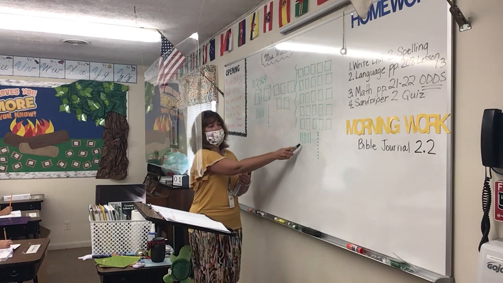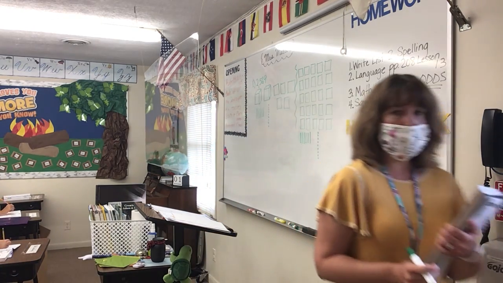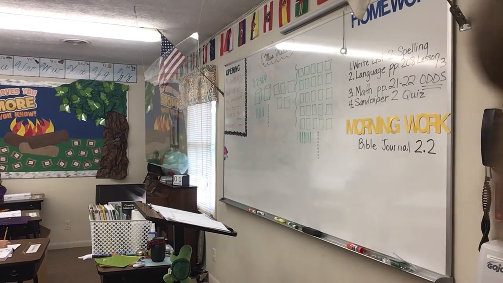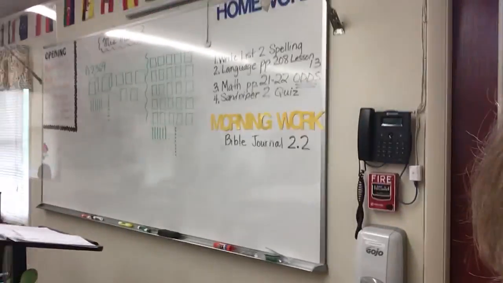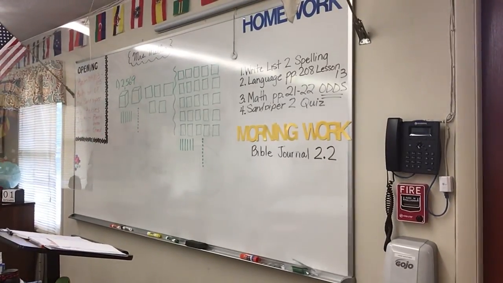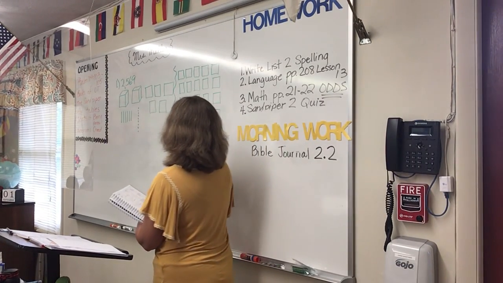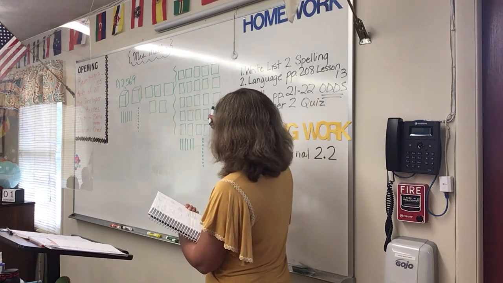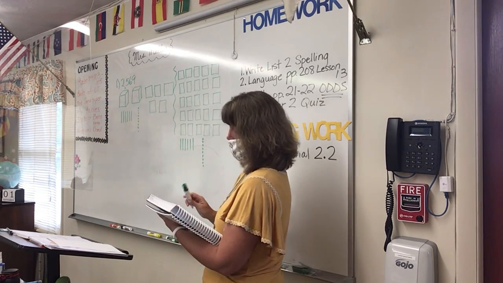It's right here. 6 tens. Okay, so that represents the same number. 25 hundreds, 6 tens, 9 ones.